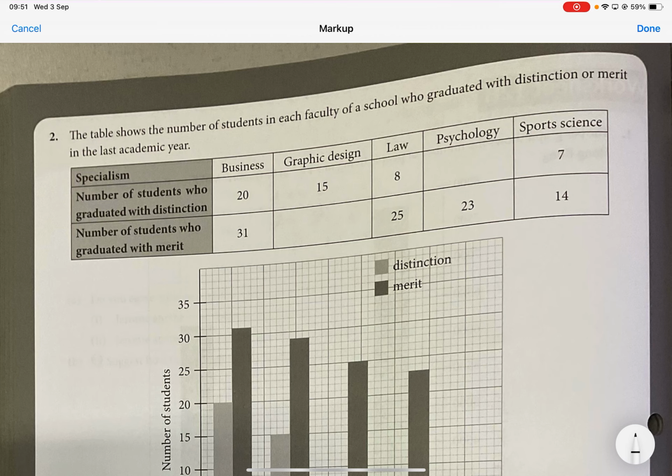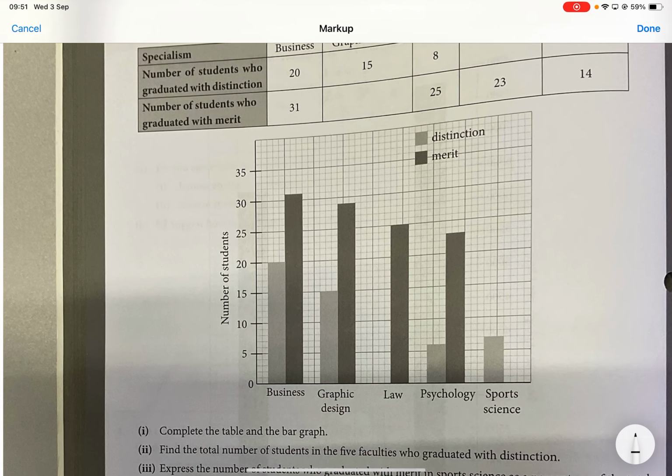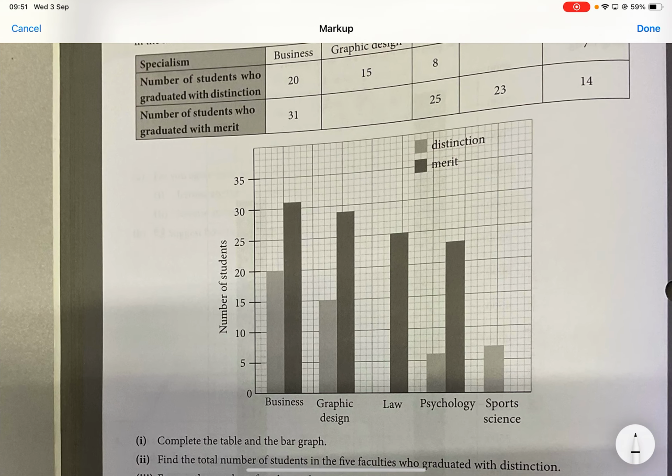Okay? So we are comparing different subject. Then we are also comparing the subject, how many distinction, how many merit. So if we go and look at the bar chart, you go and see the x-axis. X-axis is the different subjects: business, graphic design, law, psychology, sports science.